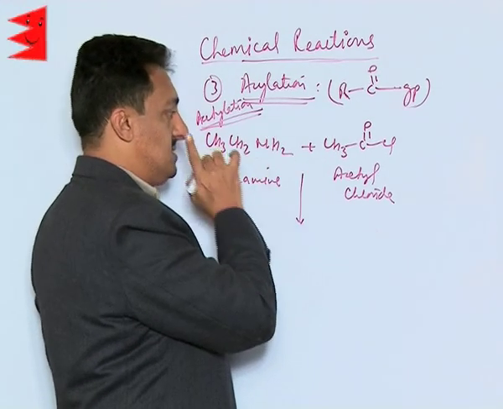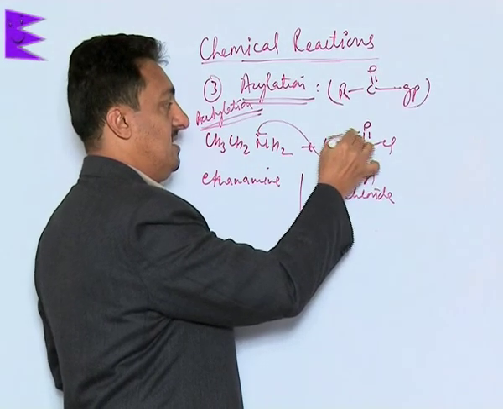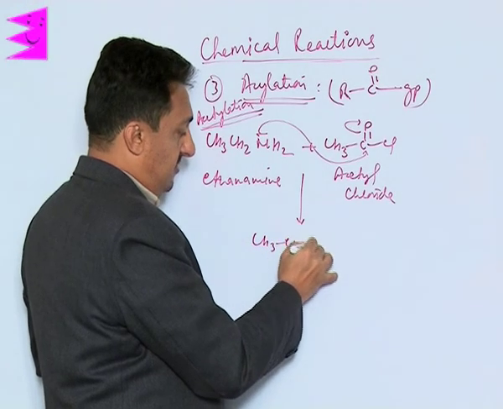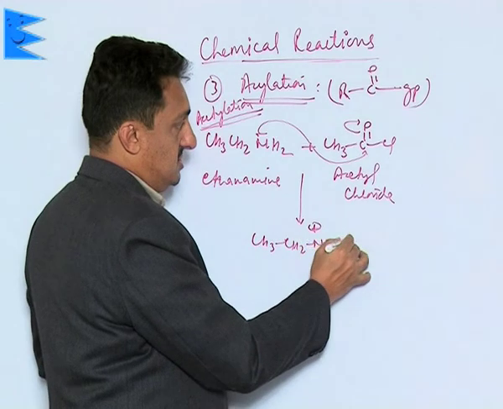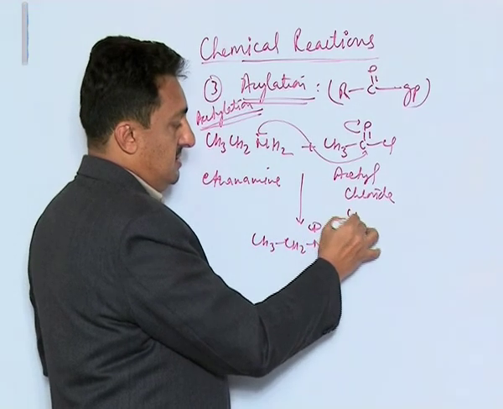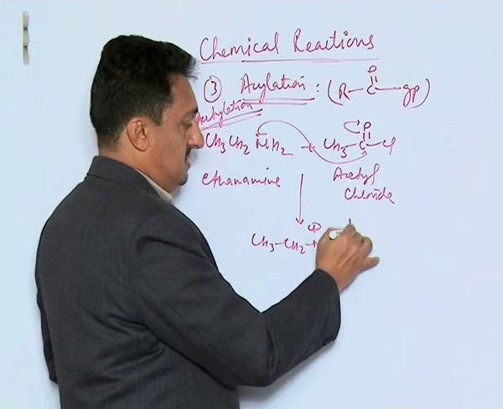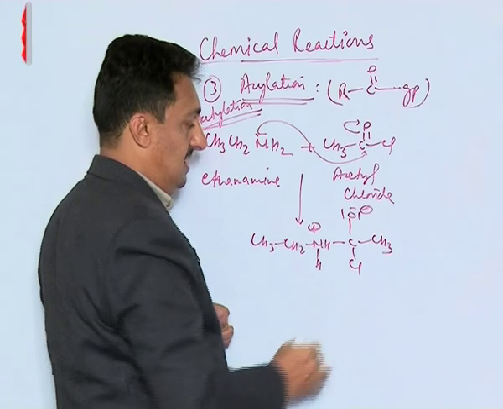Now what happens is, this being the nucleophile, its attack takes place here. So the double bond shifts here. We get CH3CH2NH2 plus charge, C, CH3. Let me put it like this, O negative, CH3, Cl.